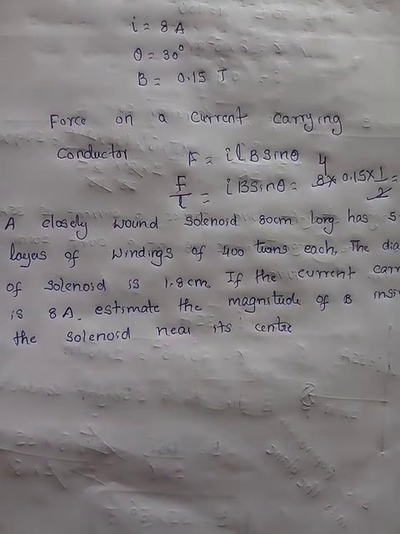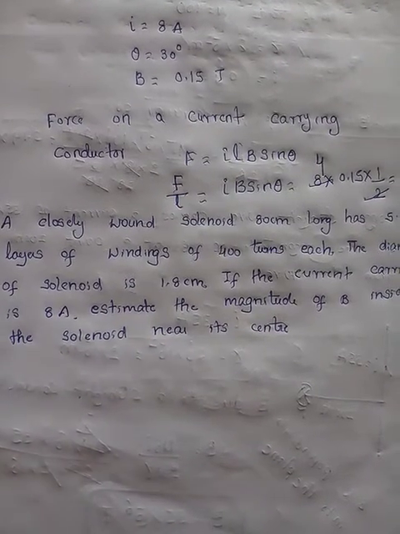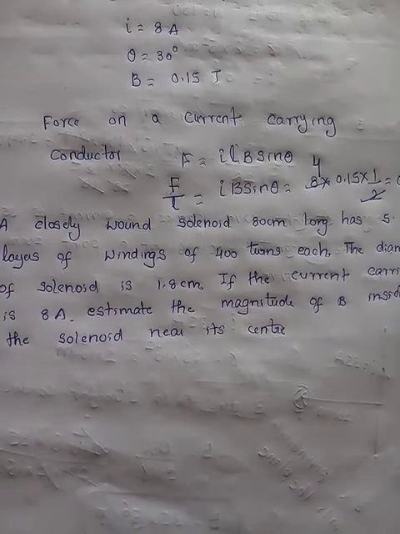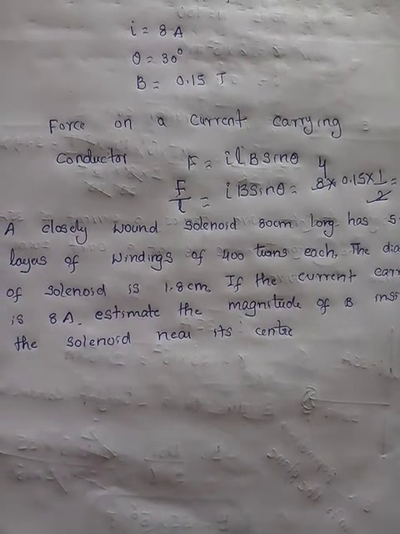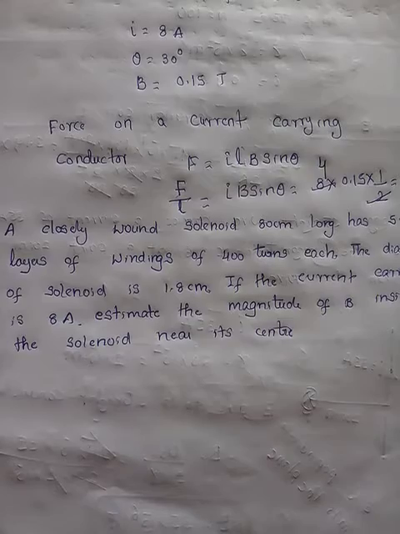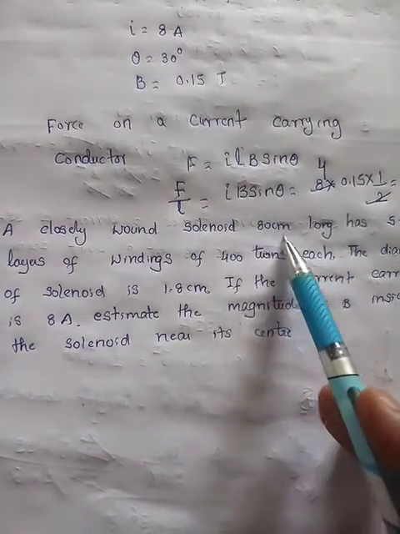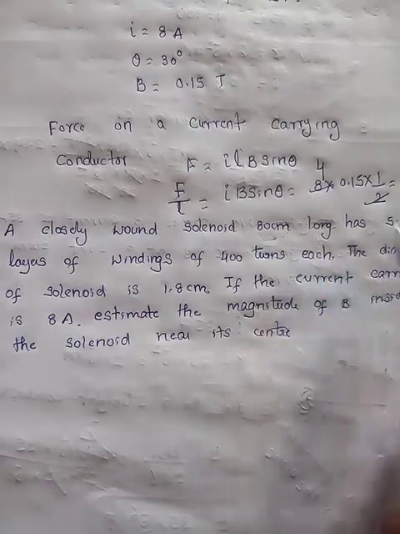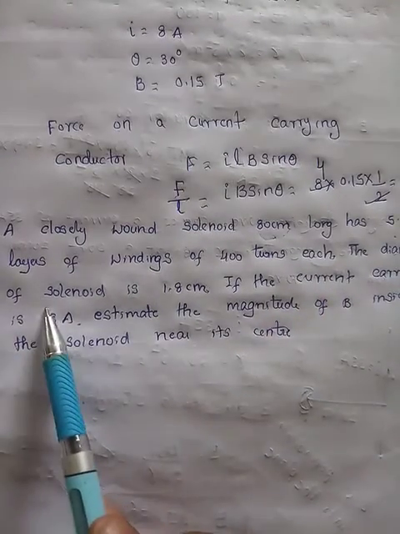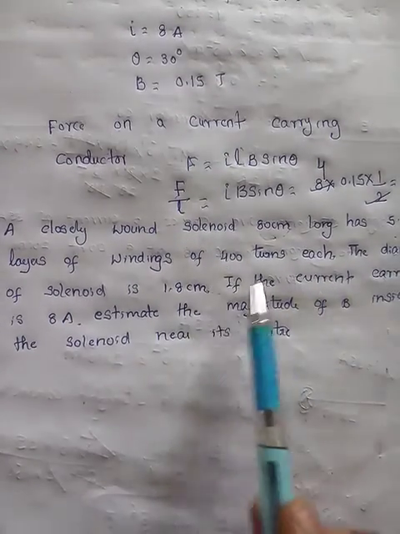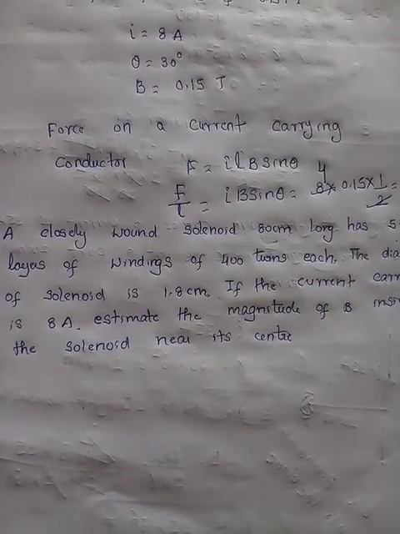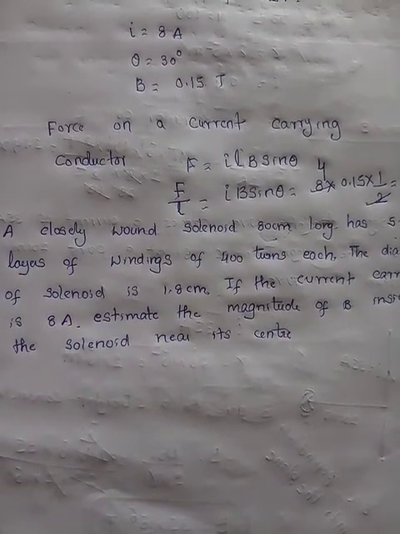A closely wound solenoid 80 centimeters long has 5 layers of windings of 400 turns each. So there is a solenoid. What is the length of the solenoid? 80 centimeters. How many layers? 5 layers of windings of 400 turns each. Each layer has 400 turns.